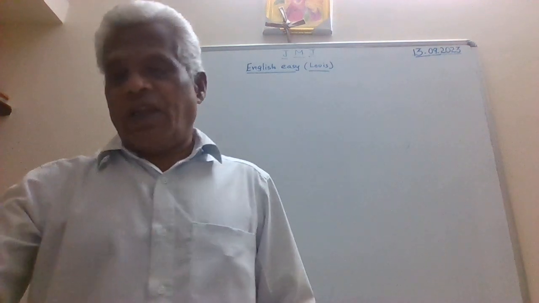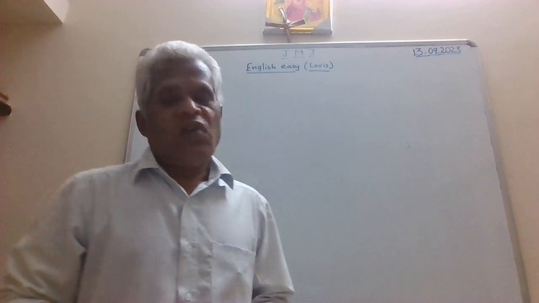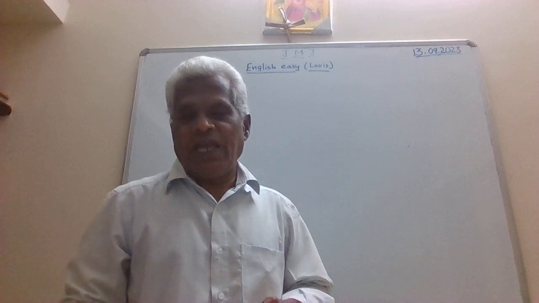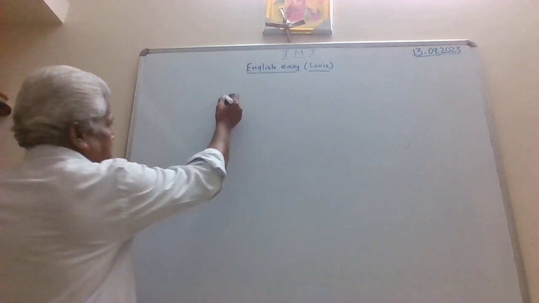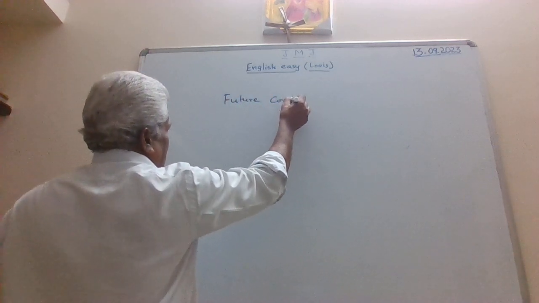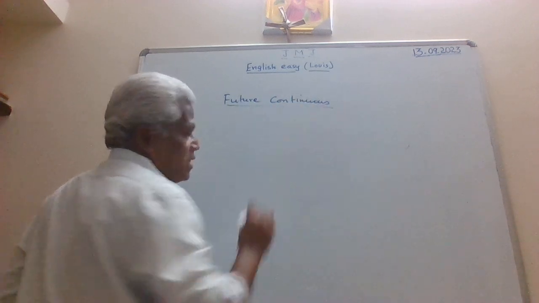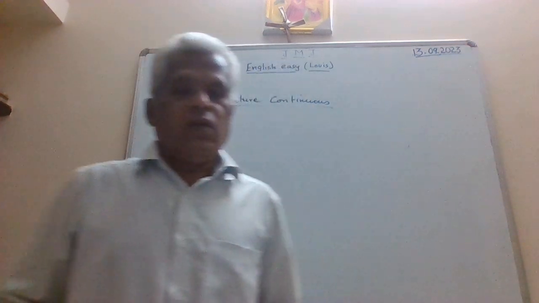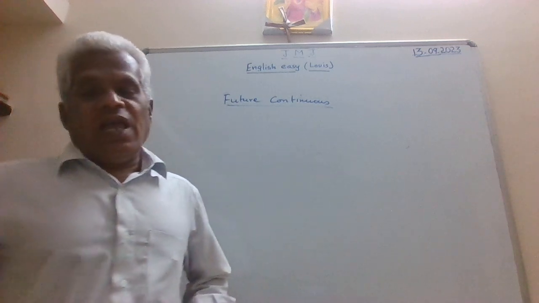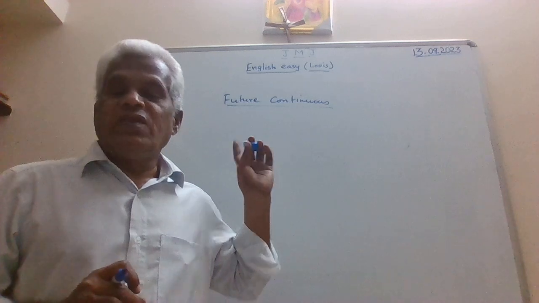Now, answer my question. Why can't we have passivation for future continuous tense? So let me write the name of the tense, future continuous tense. In order to answer the question, you must have a sentence as an example for future continuous in active voice.